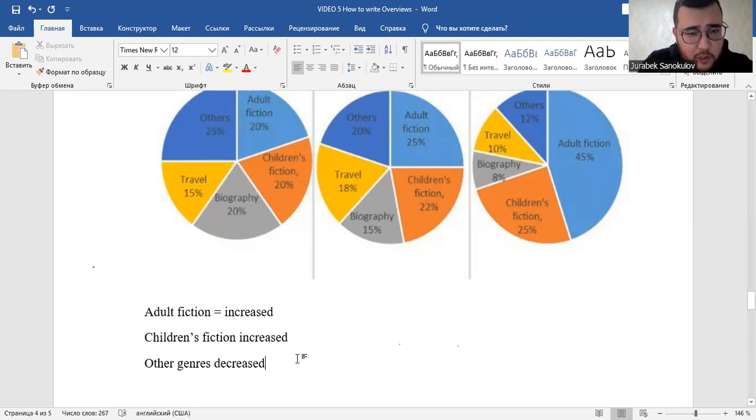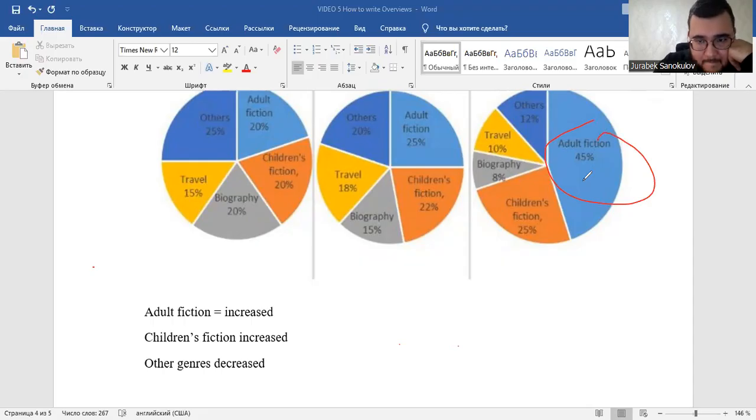So what other details can we include? Adult fiction basically saw the biggest change. Now you see, I'm just trying to comment on it. Biggest change.